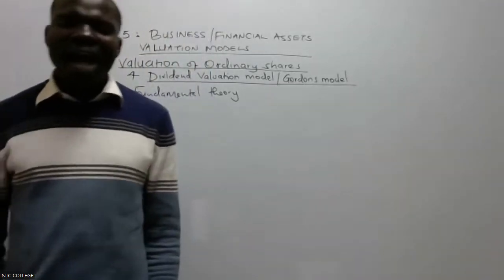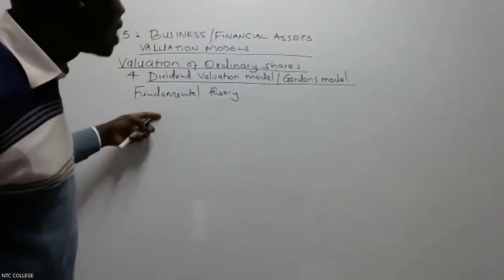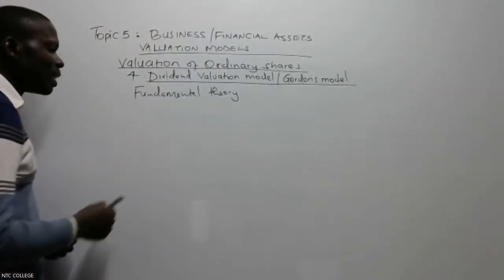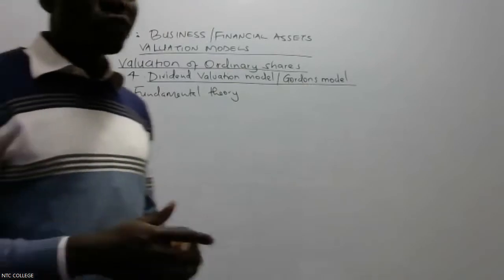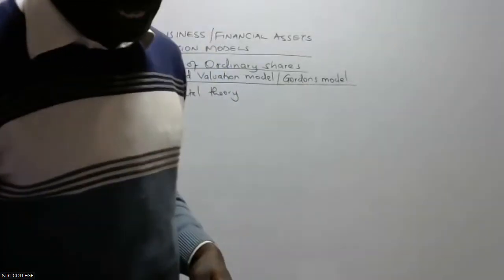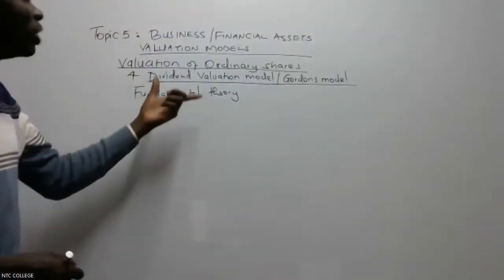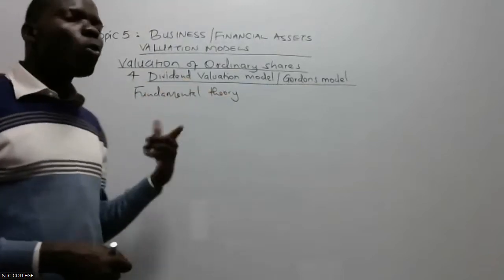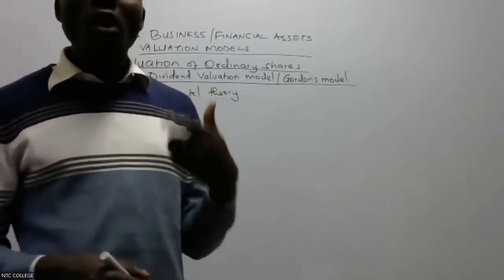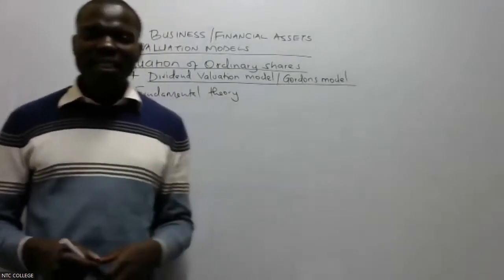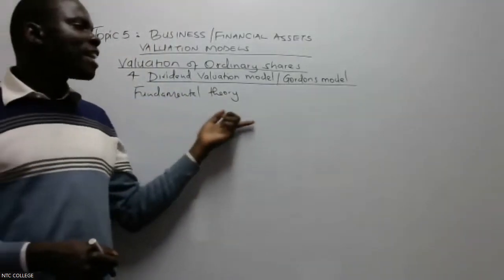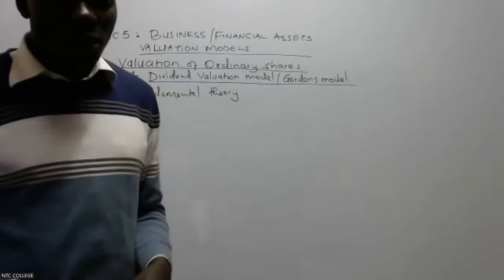The expected benefits of ordinary shares are dividends. So the intrinsic value of an ordinary share will be the present value of all expected dividends from a given security.